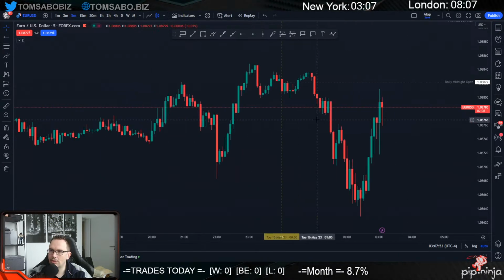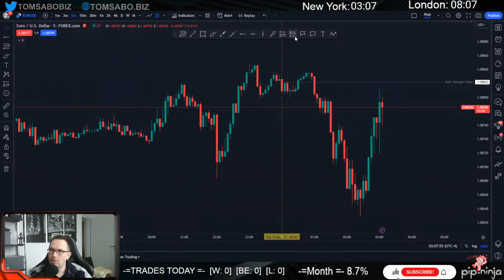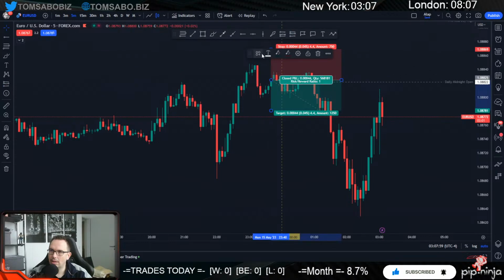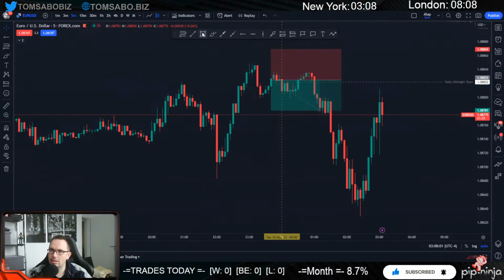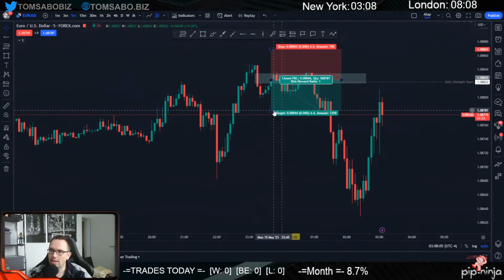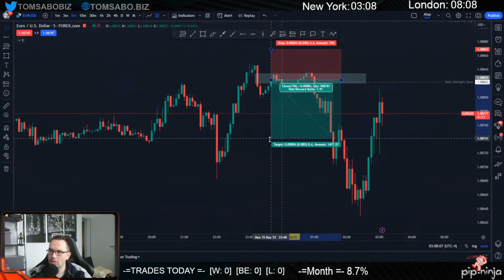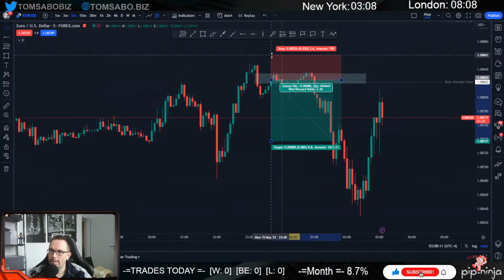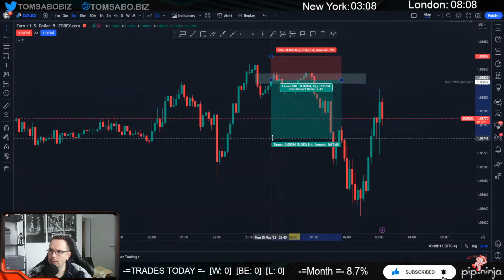Okay, so if I have a short entry, I know it's not a valid entry, this is not my strategy, I'm just demonstrating. Let's say here I enter on a fair value gap. I always go for 1 to 2.